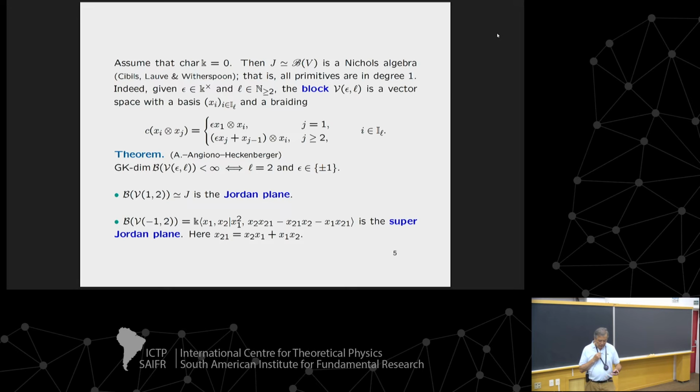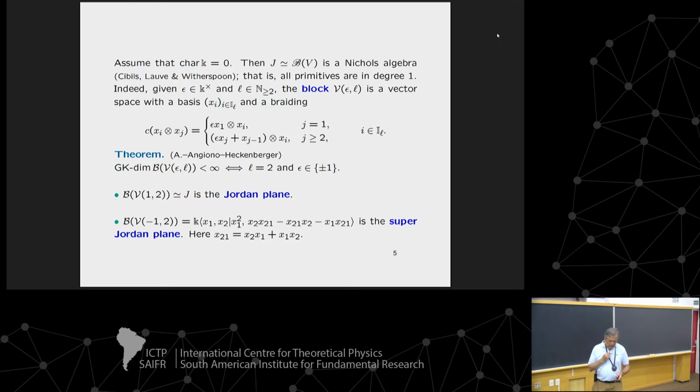In other words, this is a Yetter-Drinfeld module over the group gamma isomorphic to Z, where the generator G acts by a block. And we were able to prove that the Gelfand-Kirillov dimension of the Nichols algebra of such a block is finite if and only if L is equal to 2 and epsilon is plus or minus 1.